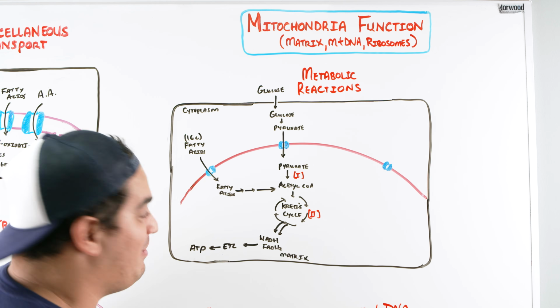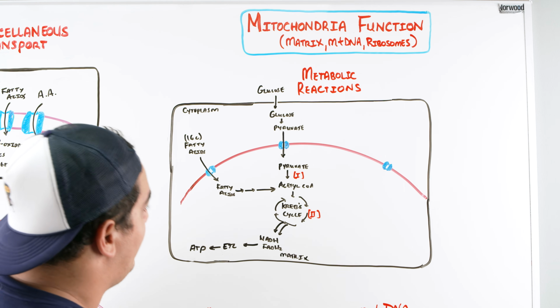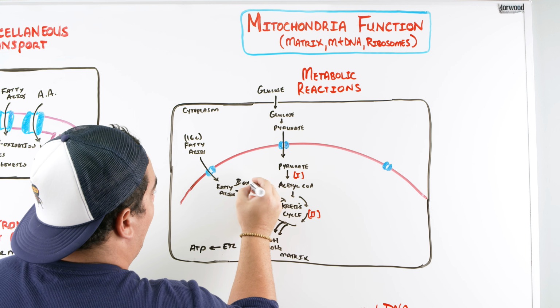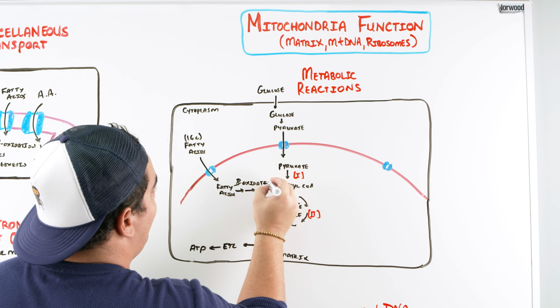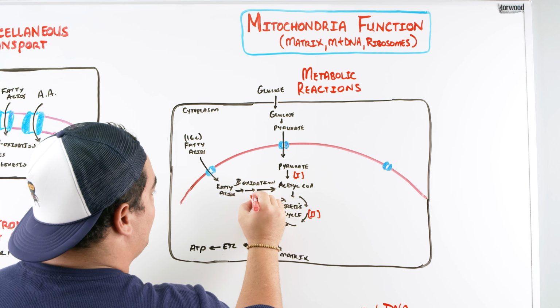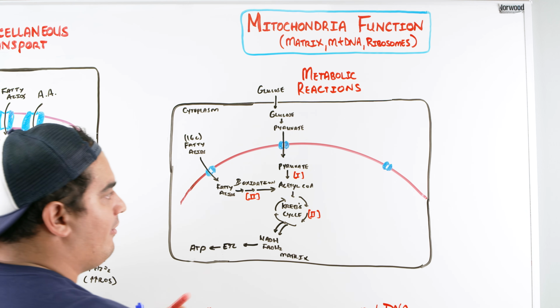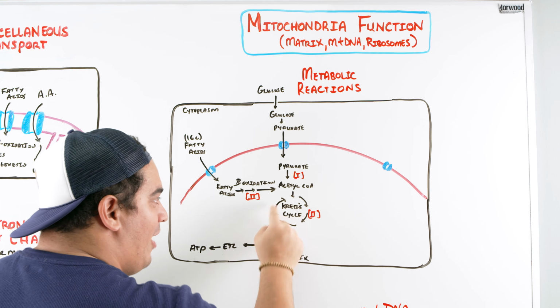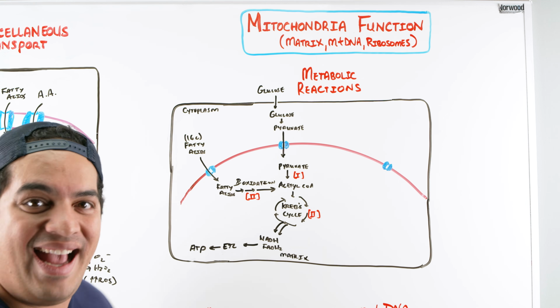And then you can use them to make energy. This step here is called beta oxidation. This is another one of the reactions that takes place inside of the mitochondrial matrix. So far we have the conversion of pyruvate into acetyl-CoA, the Krebs cycle, and then beta oxidation of fatty acids.